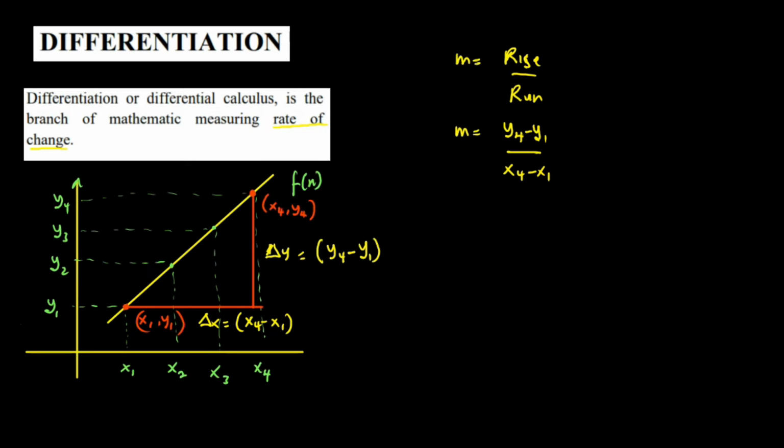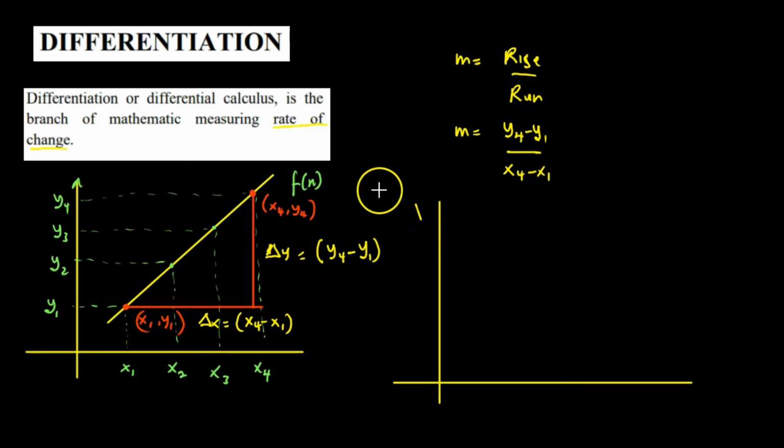Let's take it that we have another Cartesian plane drawn here, with my y-axis here and my x-axis there. On this Cartesian plane, I have what we call a curve. Bear with me that I have different sets of points on this curve, as I'm showing.